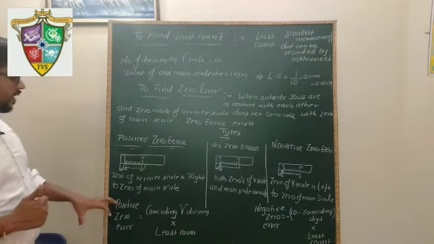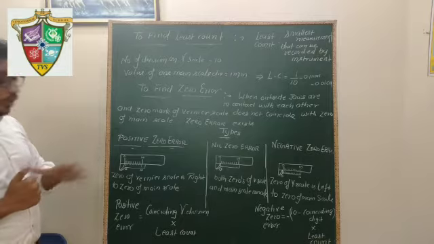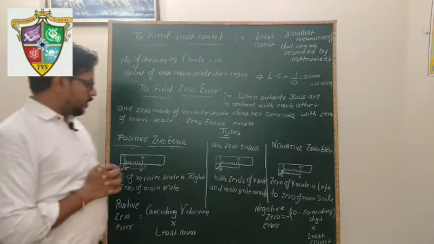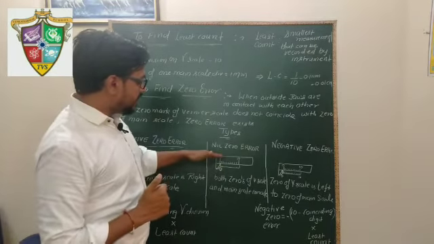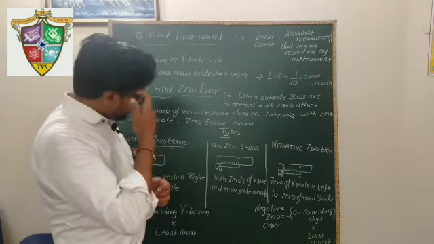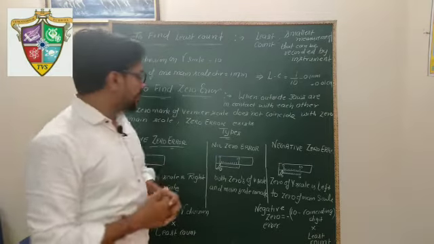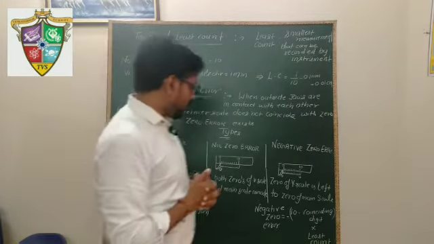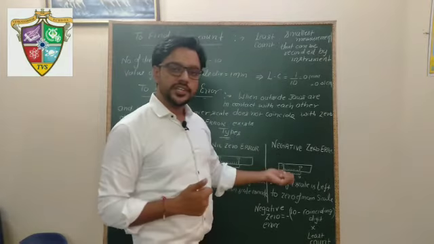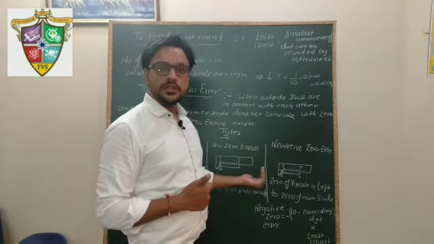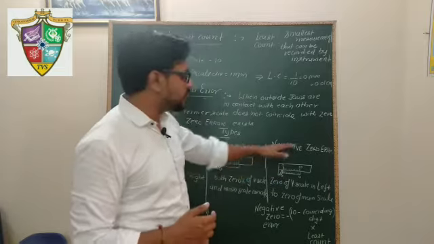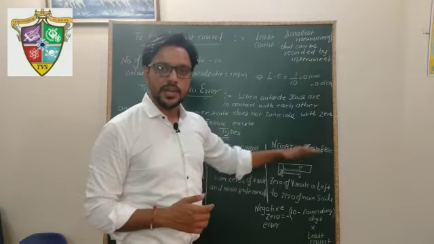So this is how we can calculate positive zero error. And if the zeros of the vernier scale and main scale are coinciding, the vernier caliper has nil zero error. And if the zero of the vernier scale is to the left of the zero of the main scale, negative zero error exists in the vernier caliper.